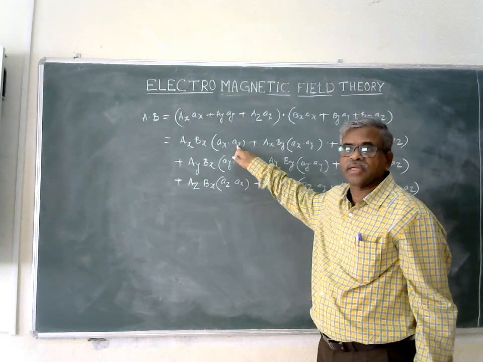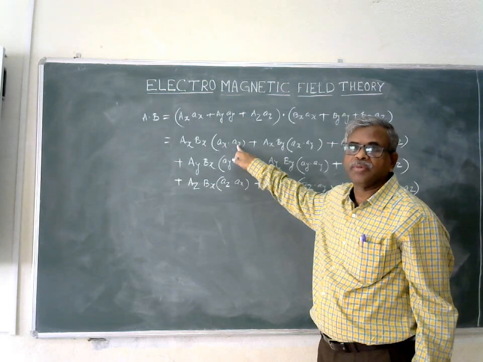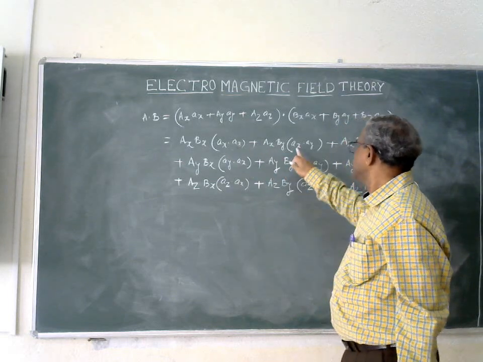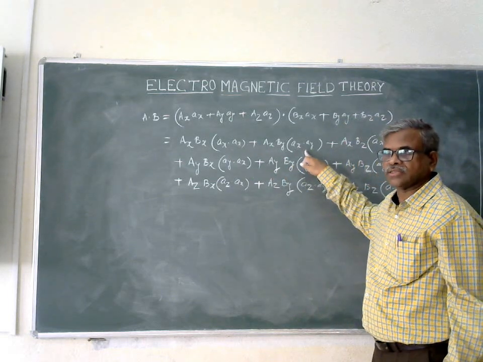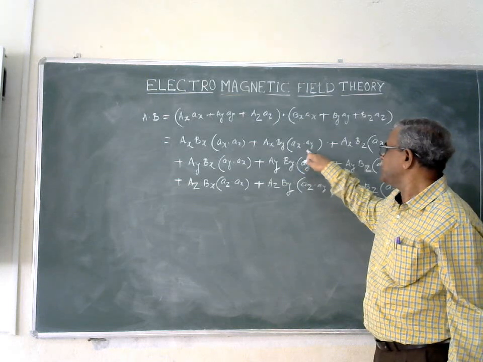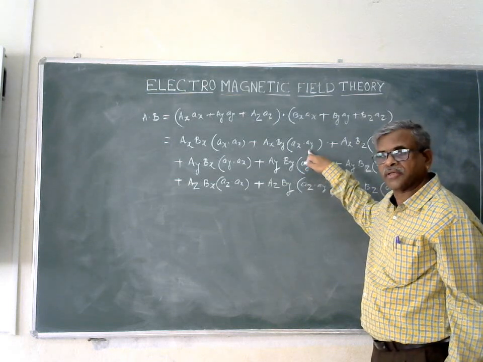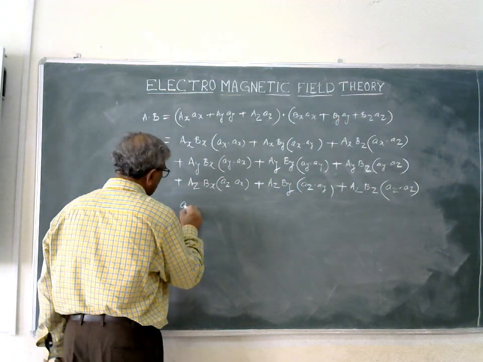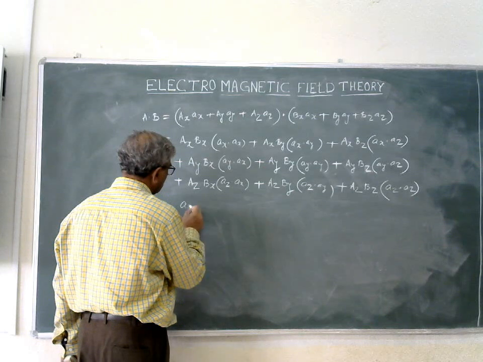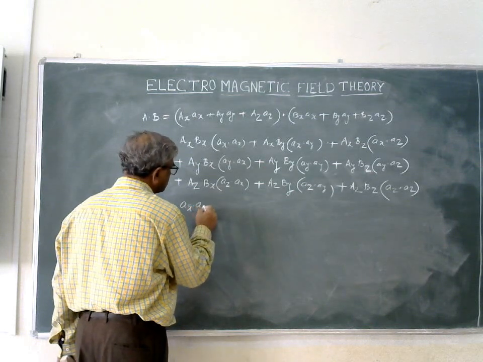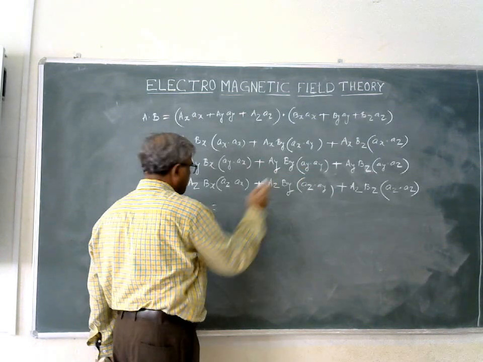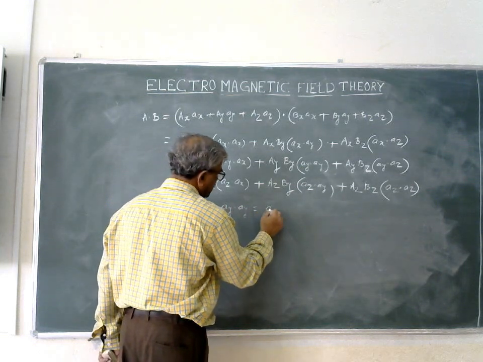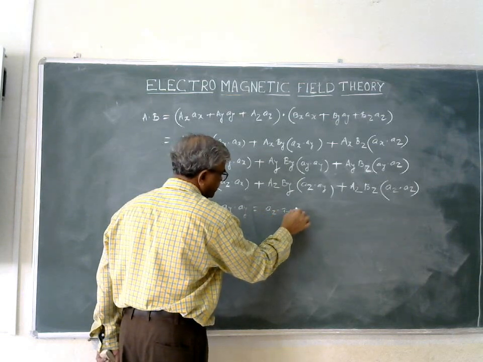Ax, x is the same vectors. The angle between same vectors is 0, so cos 0 is 1. These are two vectors adjacent to each other, so the angle between any two adjacent vectors is 90 degrees. Cos 90 is 0. So ax dot ax is equal to ay dot ay is equal to az dot az is equal to 1.